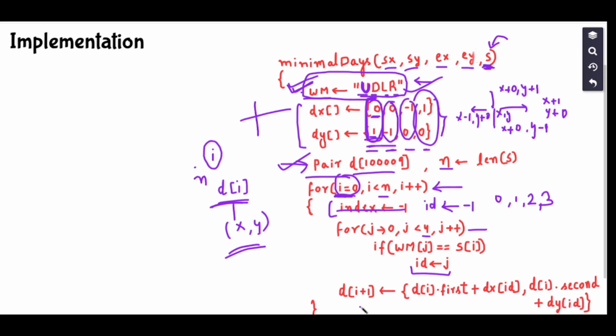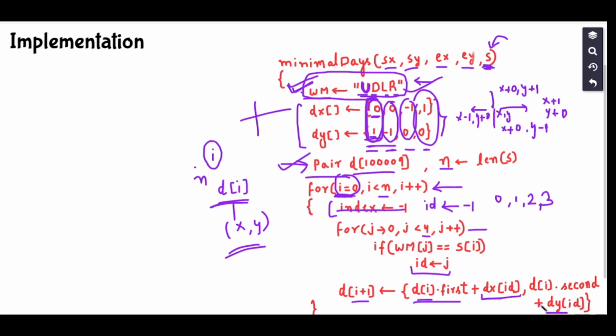Okay, so finally, after we have checked the direction on the ith position, we have to move our ship in that direction. Currently I'm standing on the ith position and I want to move to the i plus 1th position. So from the current position I will move dx[id] units towards the x direction, while I will move dy[id] units towards the y direction.